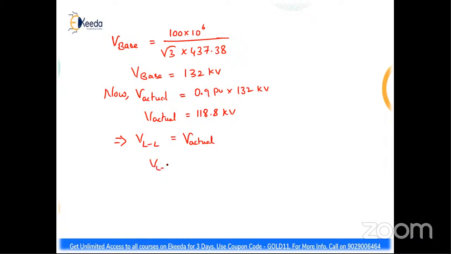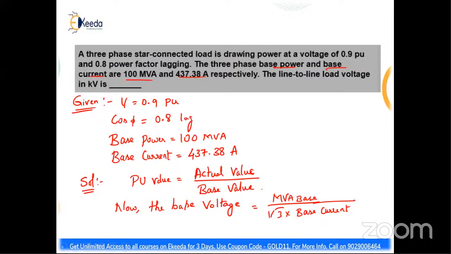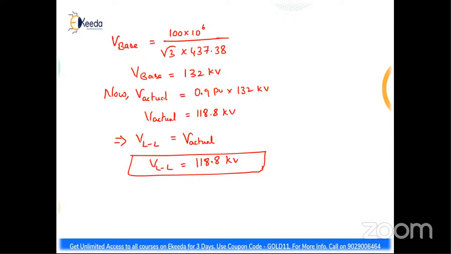Then VLL is equal to 118.8 kilovolts. Understood? So the line to line load voltage in kV is 118.8 kV.